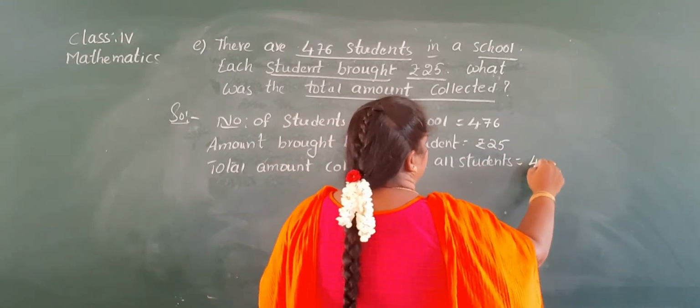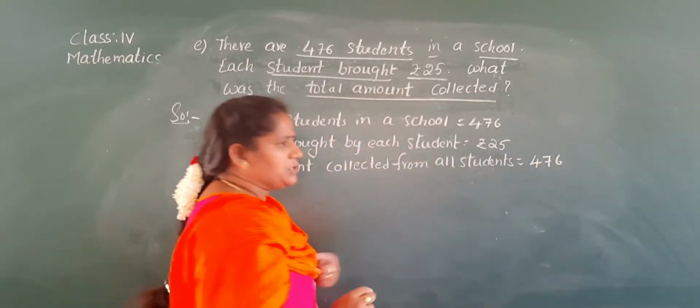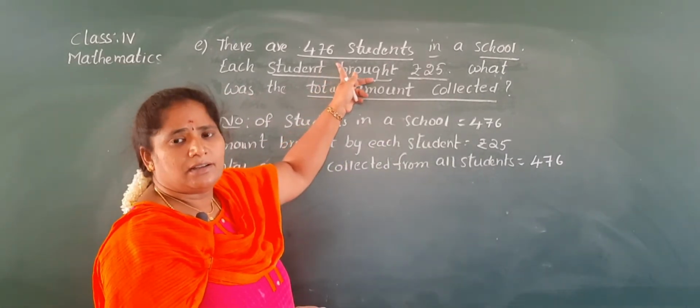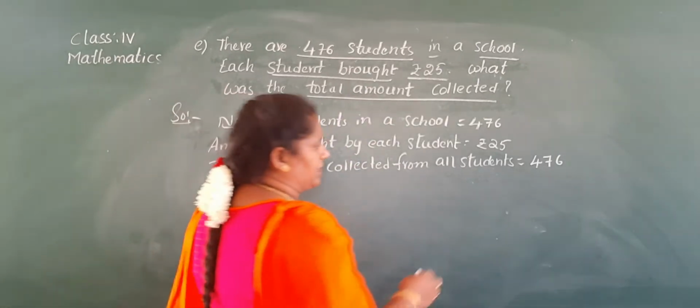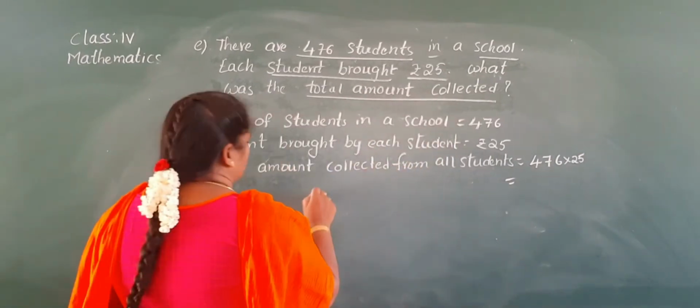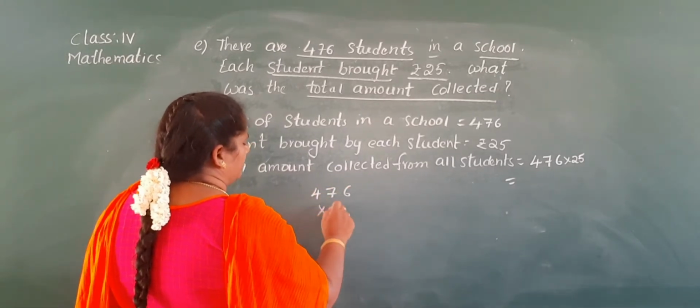Here one student's amount is given, and we have to find for more than one. So here we do multiplication. 476 into 25. Do the multiplication.